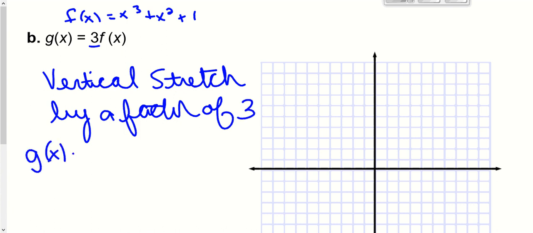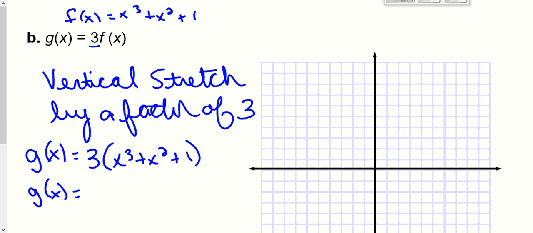So g of x is going to be 3 multiplied by the entire f of x, so x cubed plus x squared plus 1. If I distribute that 3, I get 3x cubed plus 3x squared plus 3.